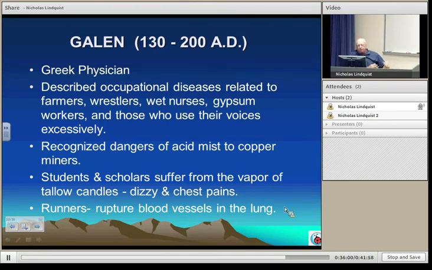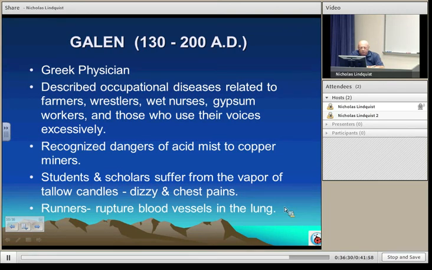One of the things that he did was come up with some preventative measures. A lot of the prior work talked about what the dangers were, but very few really addressed how you prevent or protect against these dangers. He did publish a pamphlet on occupational disease and hygiene, which was one of the first ones published, that described these protective measures.